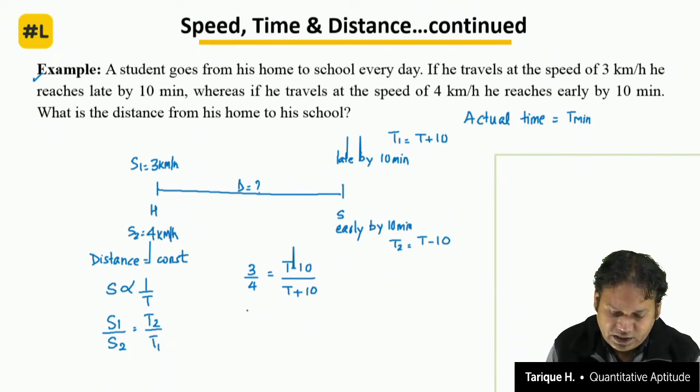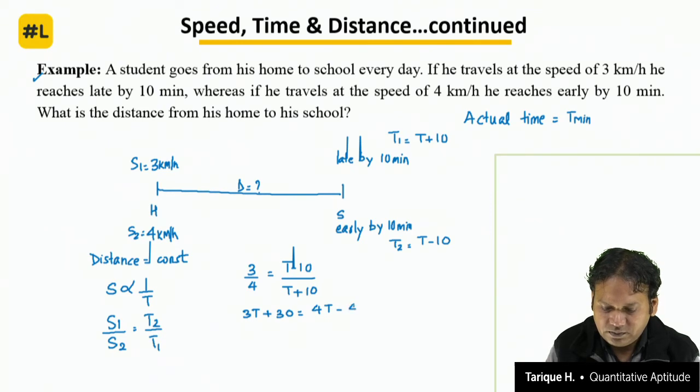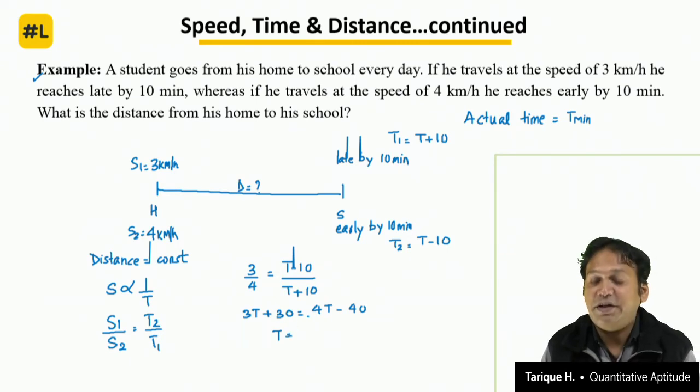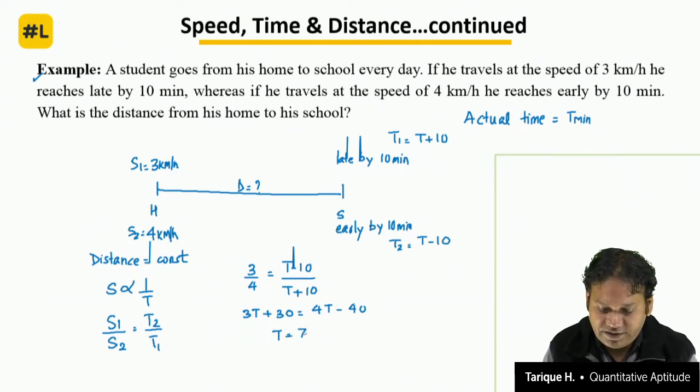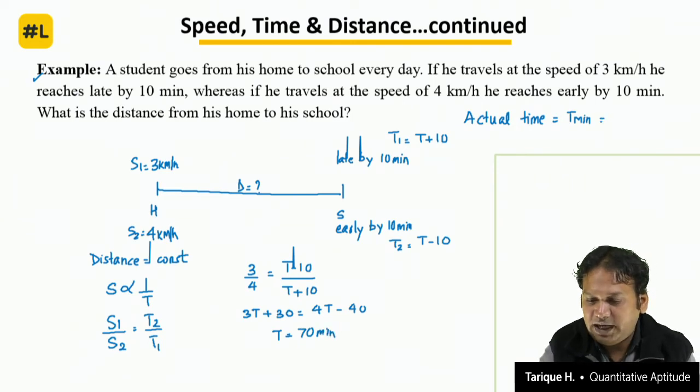So directly we can say 3T plus 30 is equal to 4T minus 40. Taking T on one side, 4T minus 3T is equal to 40 plus 30, 70 minutes. So the actual time is 70 minutes.